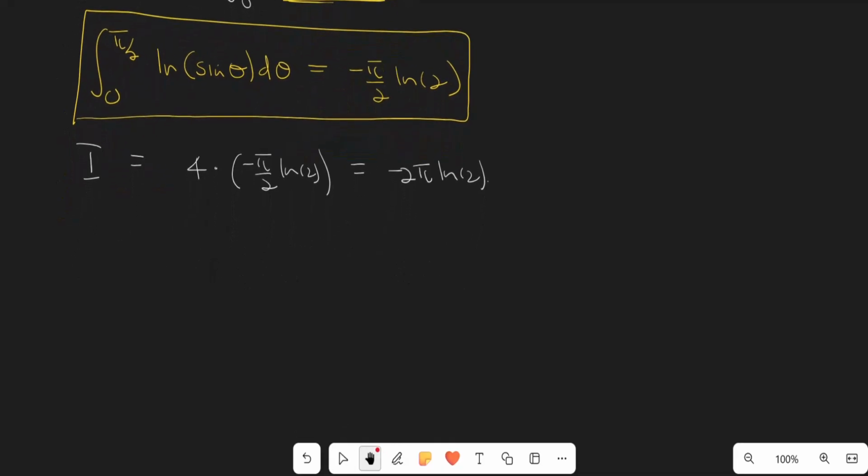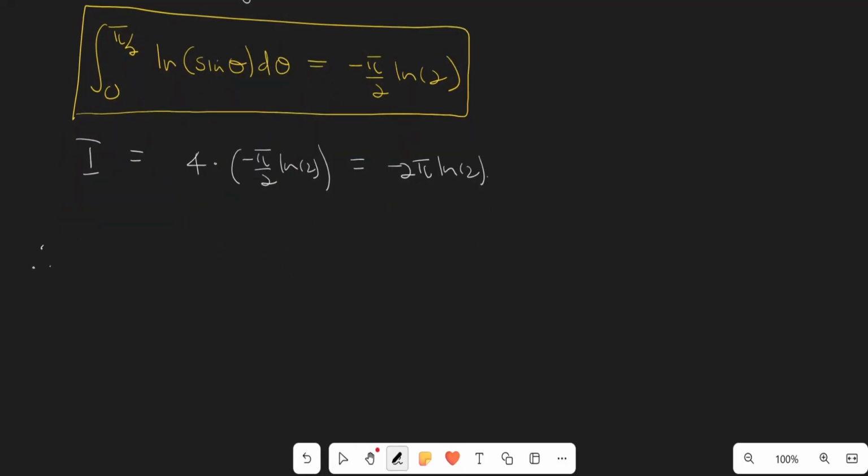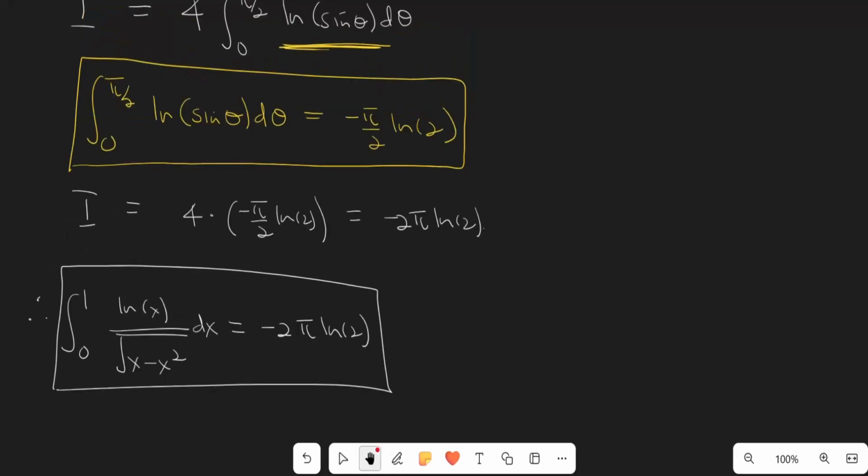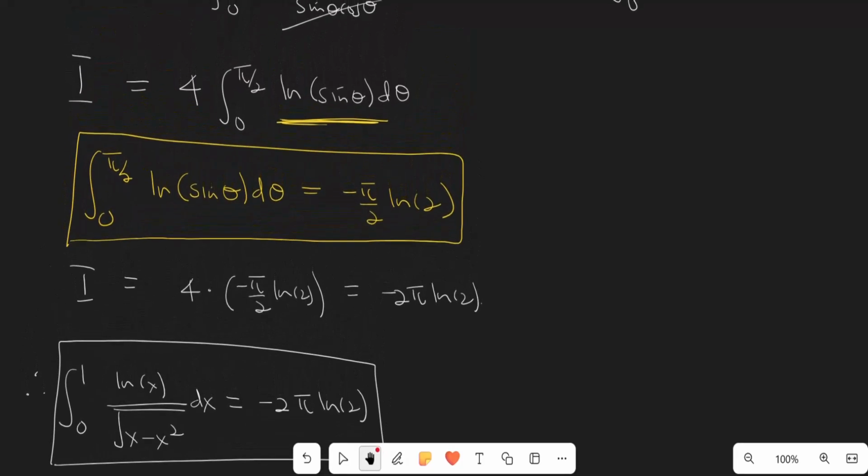So this is the value of our integral. Therefore, the integral from 0 to 1 of the ln of x divided by the square root of x minus x squared dx evaluates nicely to negative 2 pi ln of 2. So this is the value of our beautiful MIT Integration Bee question.